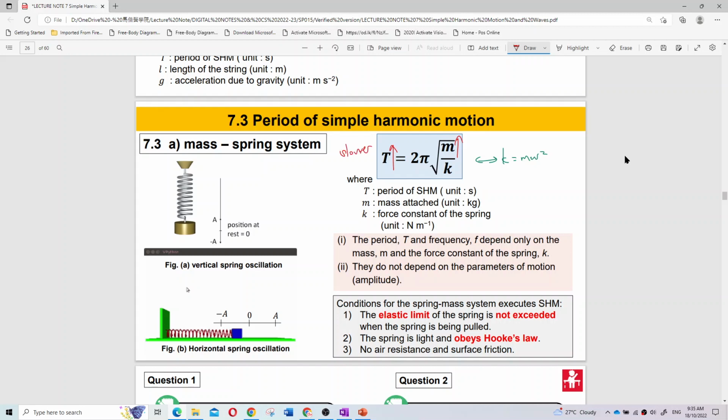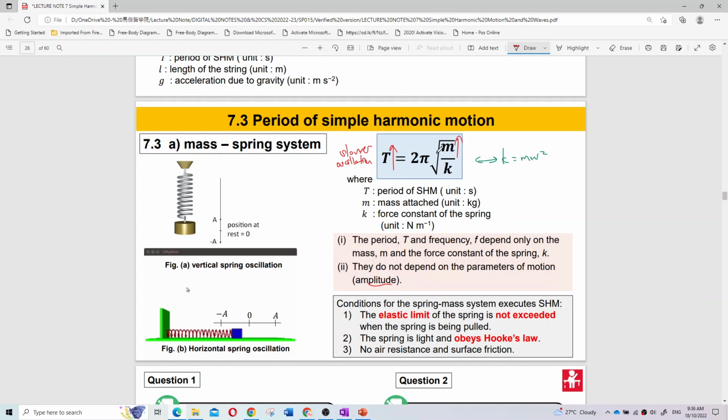Do you understand this? So period and frequency depend only on mass and force constant. They do not depend on parameters of motion like amplitude. It just depends on two things: mass and spring. That's it.